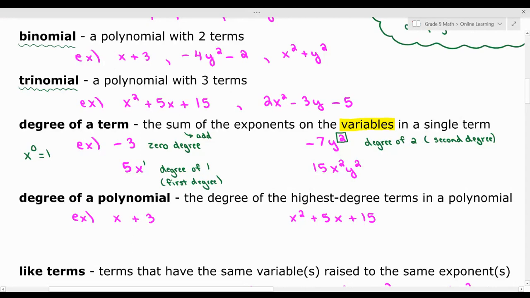Okay, and then last example, you'll notice there's two variables going on. Not a big deal, it's still one term, right? There's no plus or minus between any of these. So what happens is you actually add the exponents. So you take the 2 from the variable x, and you add it to the 2 from the variable y, and you would actually say that this term has a degree of 4. Or some people would say it's fourth degree.